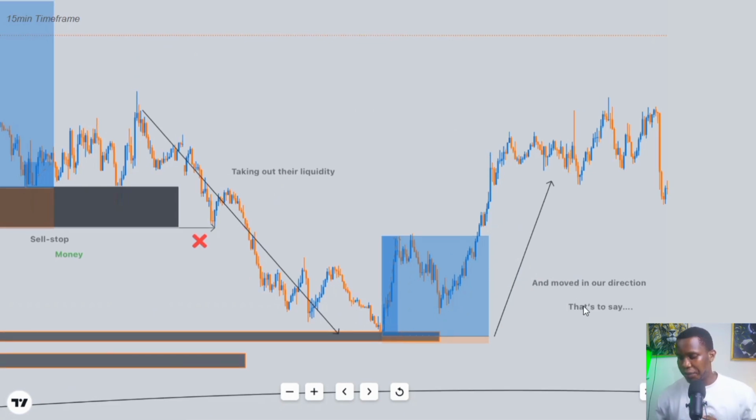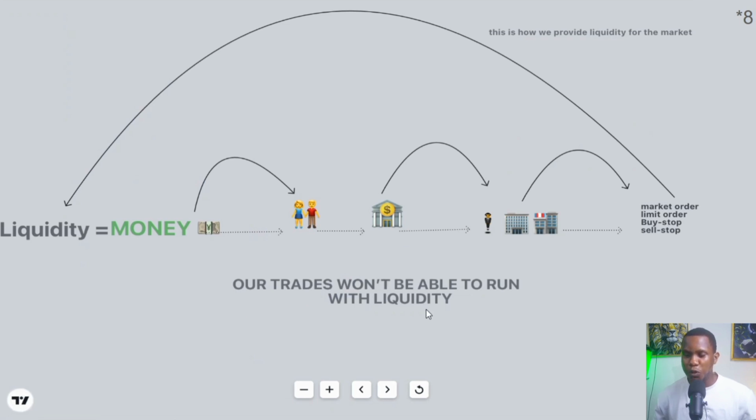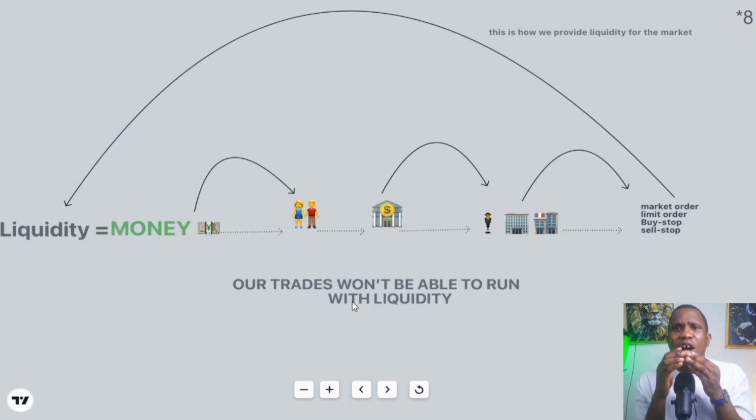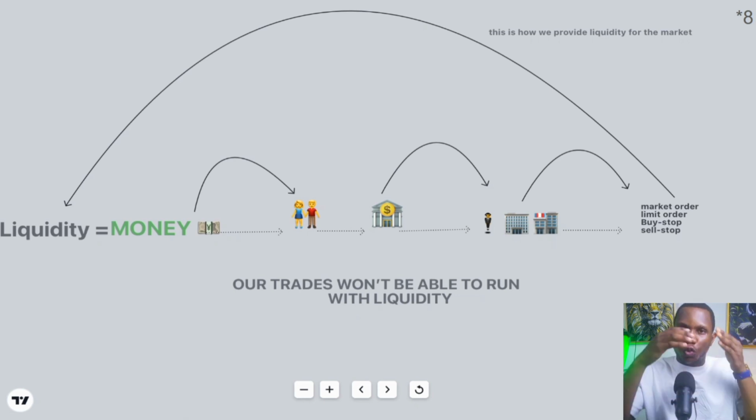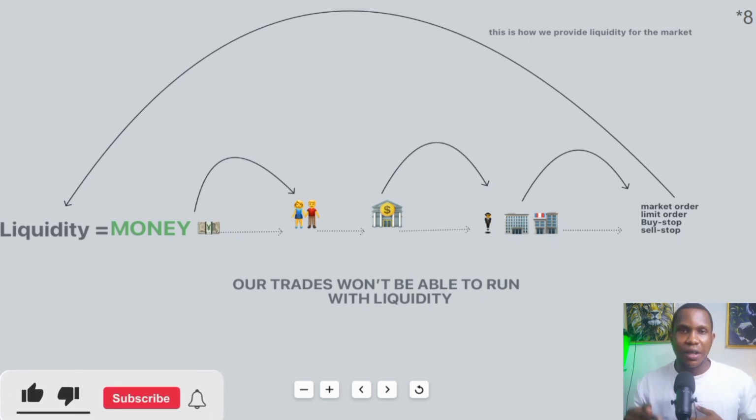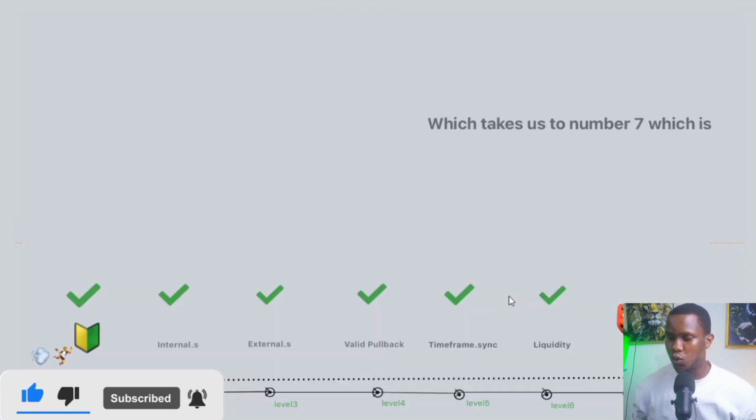That is to say that our trades won't be able to run without liquidity in the market. Just like your appliances at home won't be able to work without electricity coming on. Just like you will not be able to go about your daily tasks if you don't eat food. Our trades won't be able to move without price action taking out those guys' liquidity, which takes us to what?